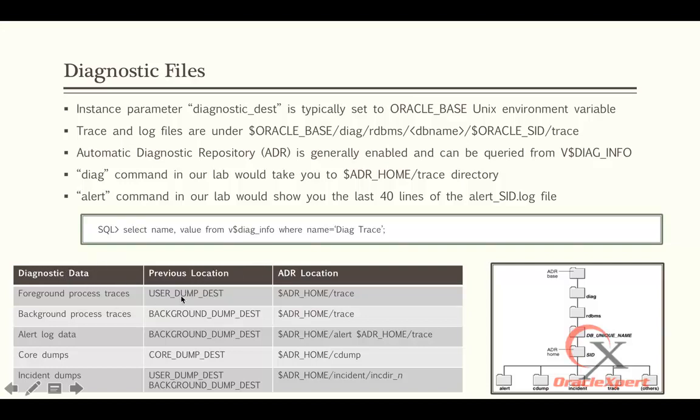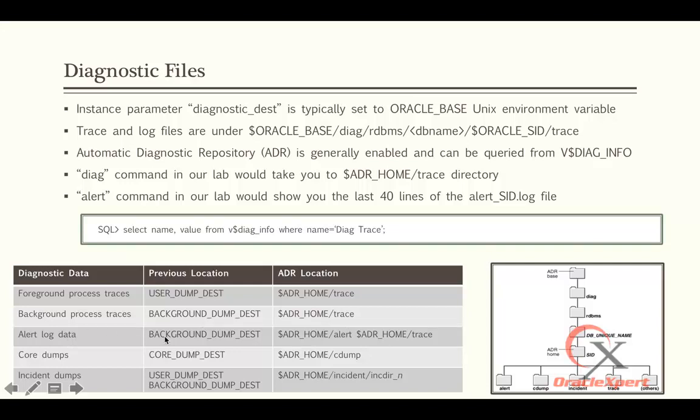Now have a look at this table and understand what used to be our previous conventions in the older version and what are the new equivalents. So these foreground process traces were earlier found in user_dump_dest, which was one of the init.ora parameters in the earlier version. We identify that today as ADR home and trace. Your background process trace files, and nowadays it's both background as well as user trace files, all of them are located again under ADR home trace.